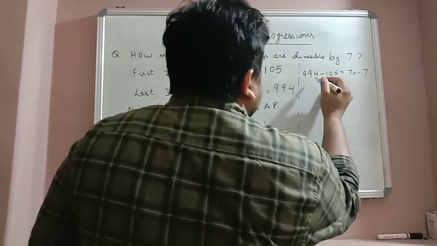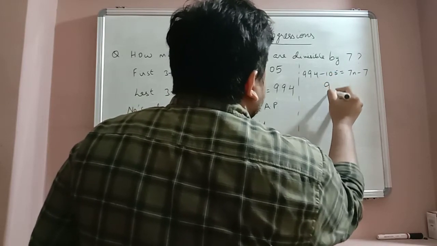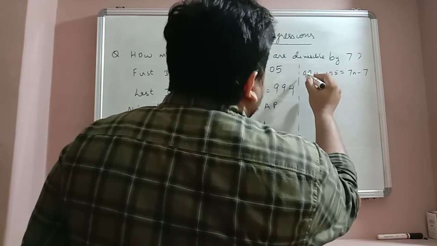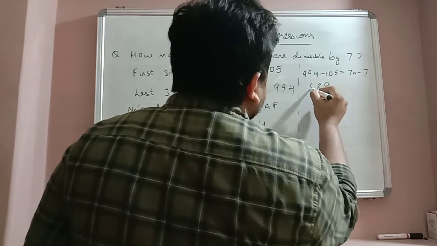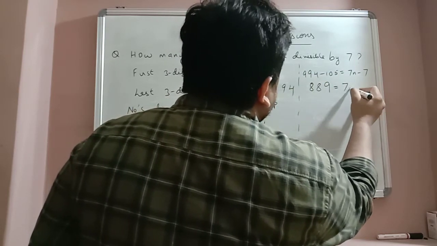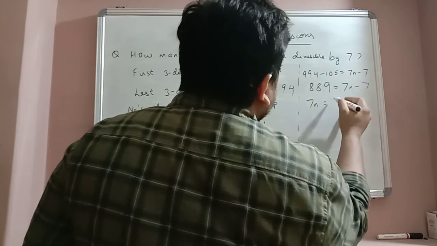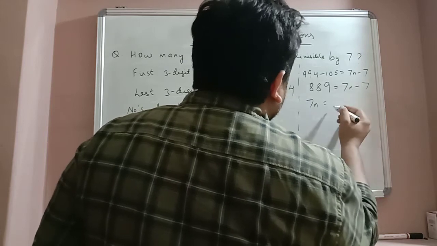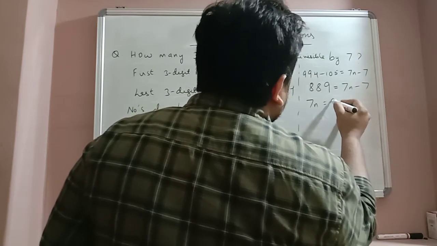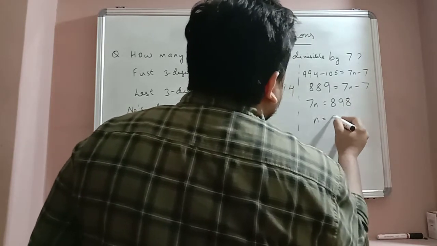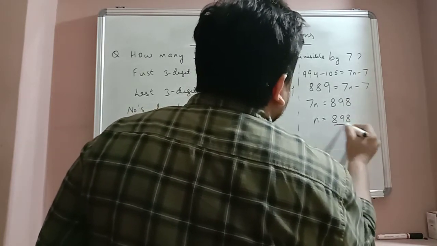So this turns out to be 14 minus 5 is 9, 8 minus 0 is 8, and 9 minus 1 is 8. 889 equals 7n minus 7. 7n will turn out to be 889 plus 7.